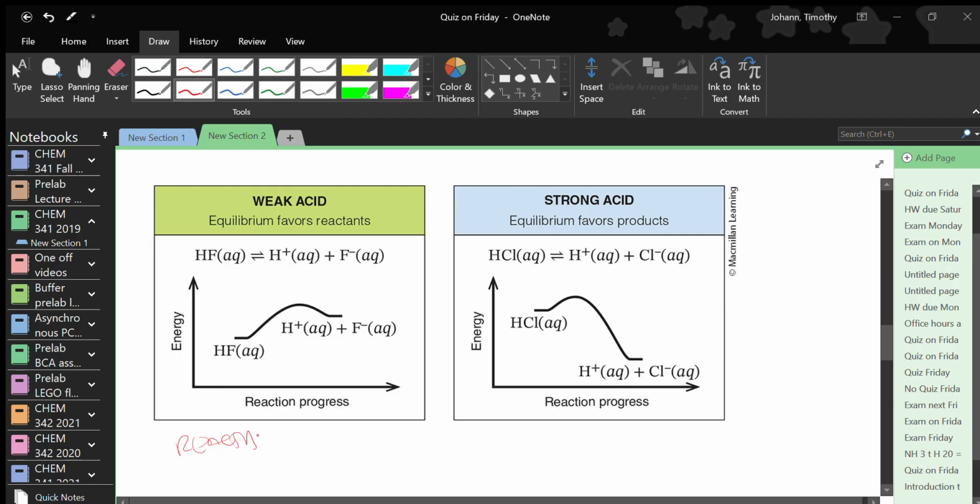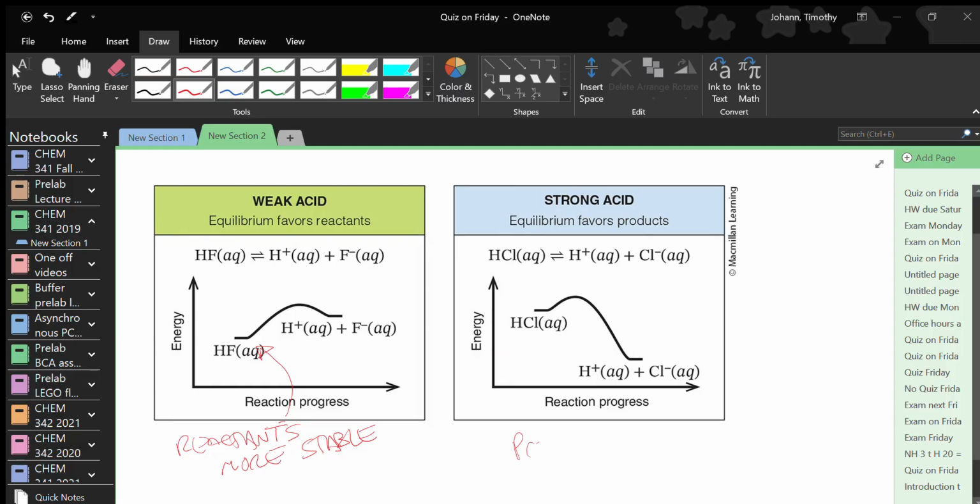Reactants more stable. Why don't you start thinking about things in terms of stability, because they're at a lower energy there. When we have a strong acid, so we know hydrofluoric acid is a weak acid. We know that hydrochloric acid, the acid in your stomach, is a strong acid.